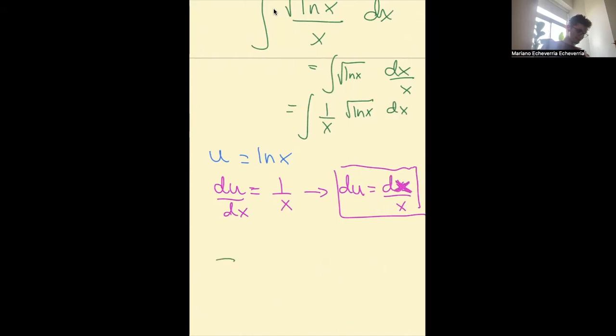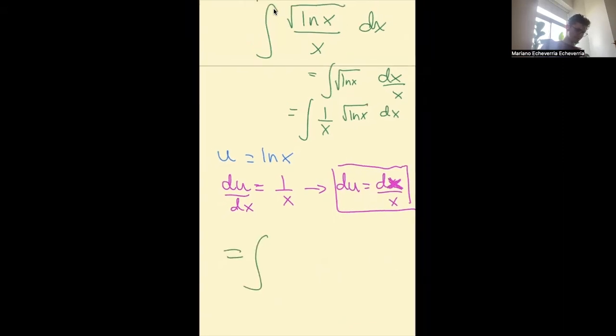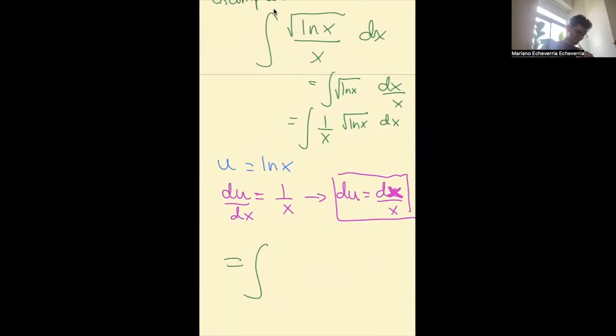So this thing that you had inside the integral becomes square root of u. And now you see dx over x becomes du. Is that okay? Is that making sense with everyone?